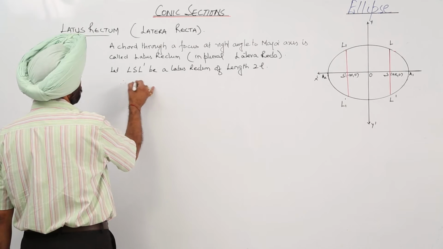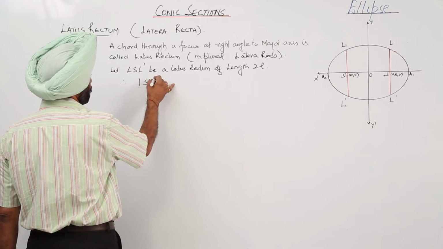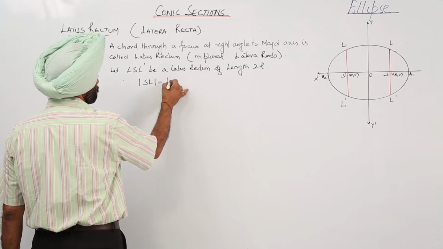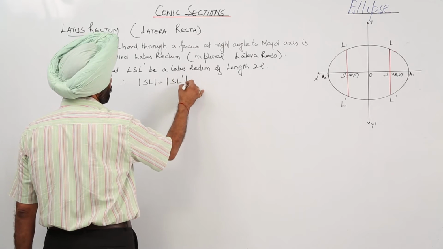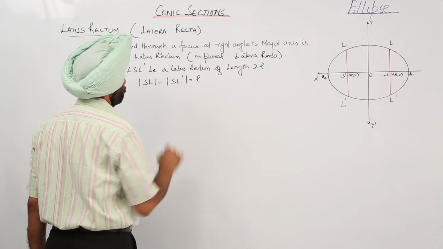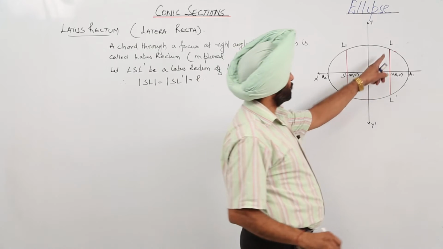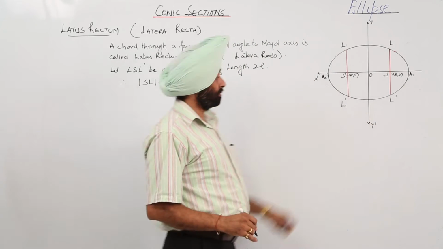Therefore distance of SL is equal to distance of SL dash is equal to L.